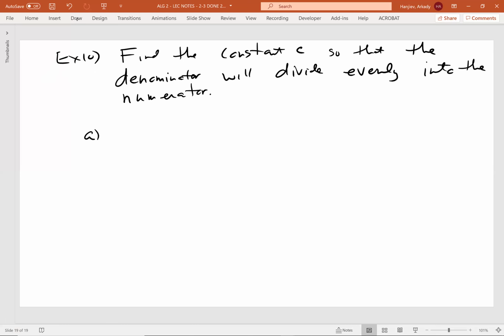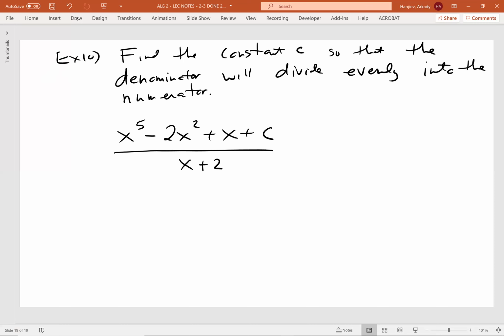So I think we'll just do one. Here's my numerator, and here's my denominator. Think with me how you want to do this. It's x plus 2 on the bottom.